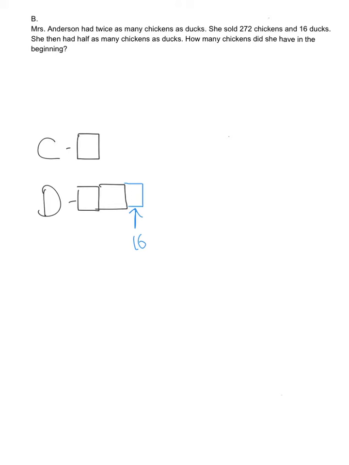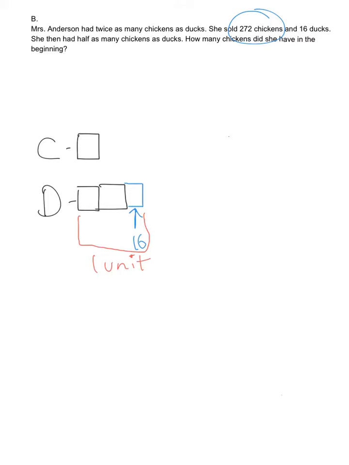This clue here really is kind of the key to unlocking the entire problem. Because right now, if we look at our ducks, I'm just going to use red here, this whole thing right here is really 1 unit. Because after we give back the 272 chickens, there's going to be twice as many chickens as ducks.